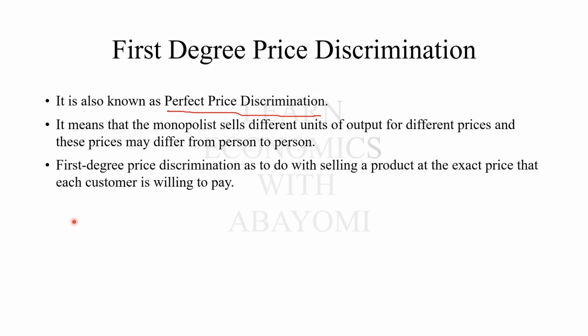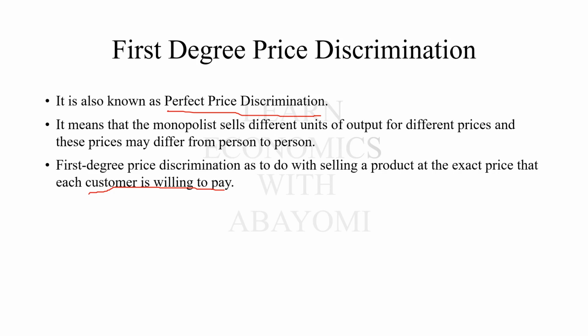The first degree price discrimination has to do with selling a product at the exact price that each customer is willing to pay. When I say what each customer is willing to pay, we are talking about consumer surplus. To understand first degree price discrimination, you need to understand the concept of consumer surplus. Consumer surplus is the difference between the amount a particular consumer is willing to pay for a product and the amount he actually paid.